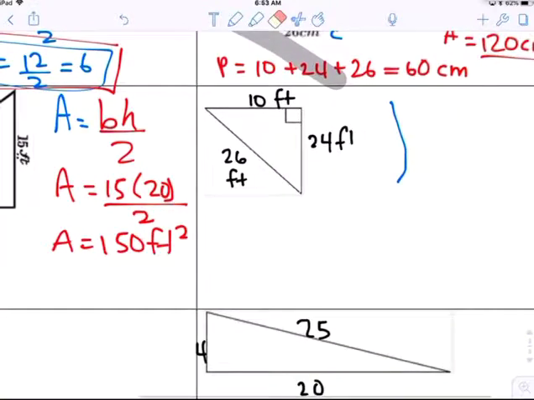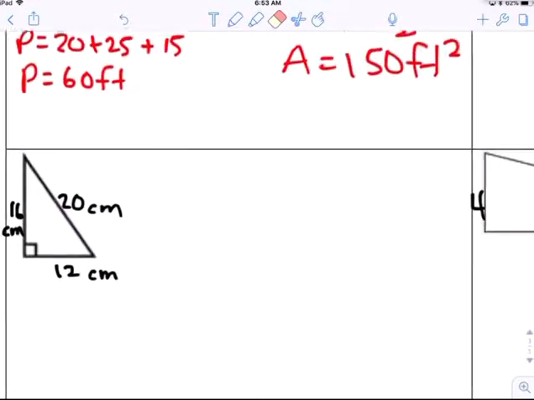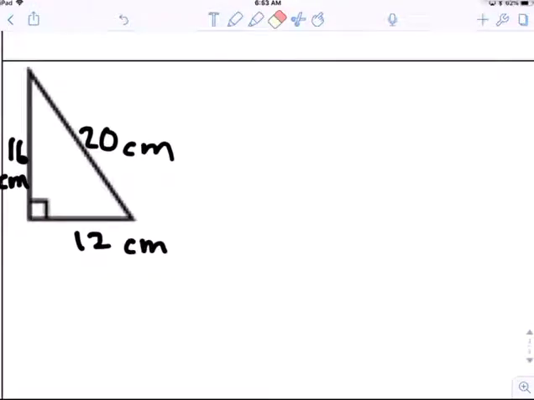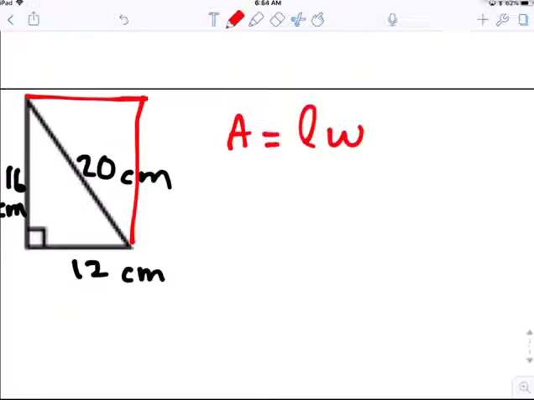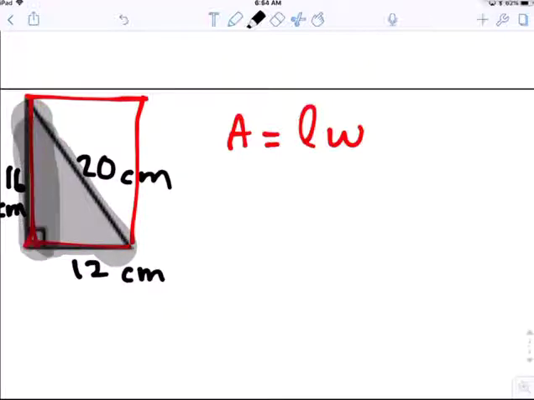So now, to avoid doing that, we can say, okay, this is normally a rectangle, which is area is length times width right here, right? But we only want this part because we're fencing in this part only.